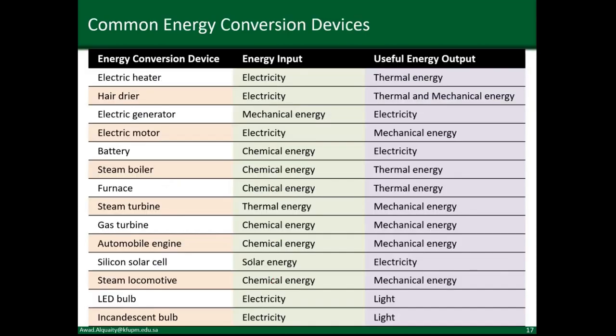And so this is a list of different typical energy conversion devices along with their energy inputs and the useful energy output. The useful energy output is ultimately what we need, which is why we purchase this particular device, right? And the efficiency tells us how efficiently it's converting the input energy into the useful energy that we want.